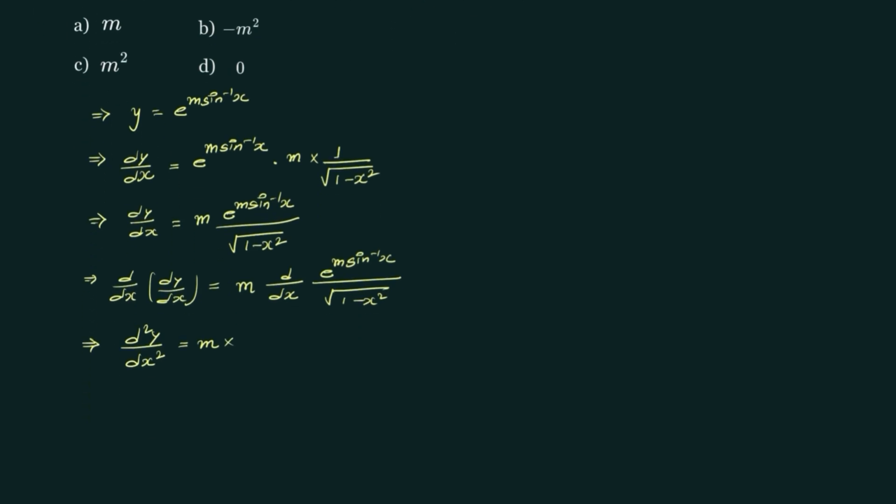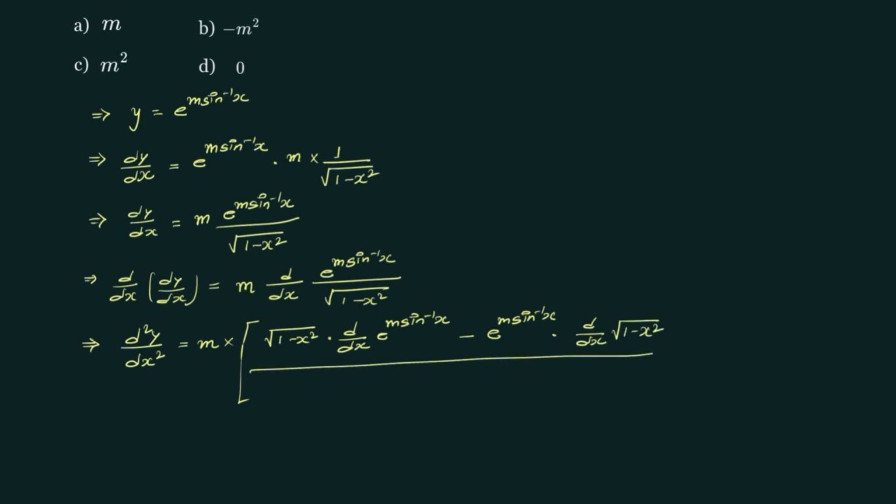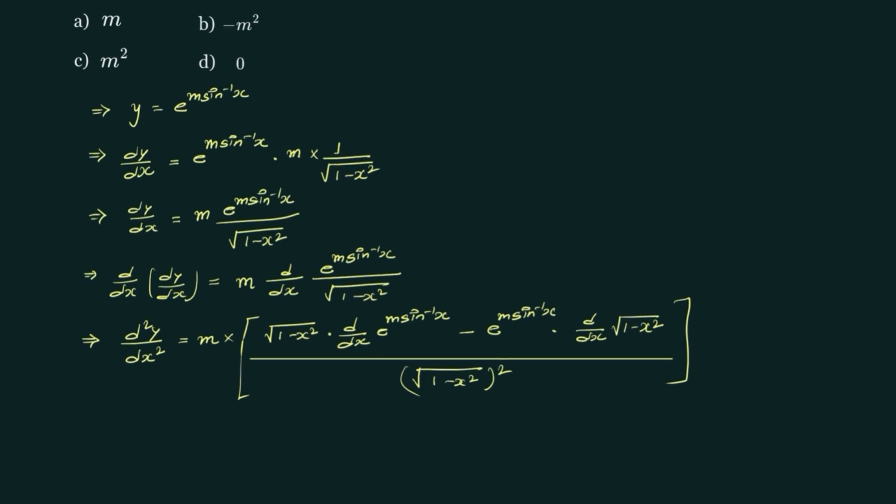So using the quotient rule, we will write the denominator first and differentiate the numerator, minus we will write the numerator first and differentiate the denominator, that is 1 minus x square, whole divided by denominator square. So this is the quotient rule.